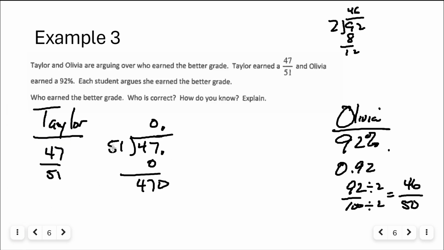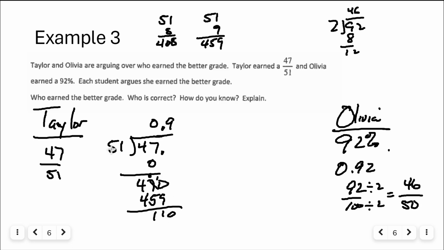Bring down the 0. 51 into 470. 51 times 8. 51 times 9. 459, yeah. So 9 goes in. So borrow. That's going to be 11.